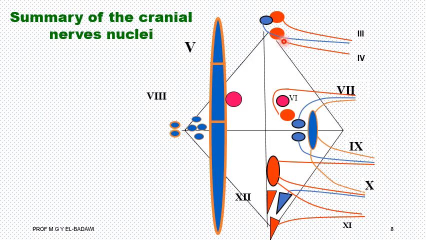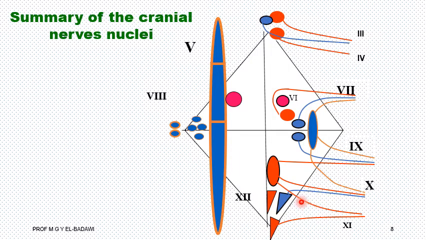The trochlear, 1 motor only. The abducent, 1 motor only. The facial, you have 3 nuclei here, the solitarius, the superior salivatory nucleus, and the motor nucleus, and so on. That is for the Edinger-Westphal. The nucleus ambiguus is here, giving the glossopharyngeal, the vagus, and the accessory.